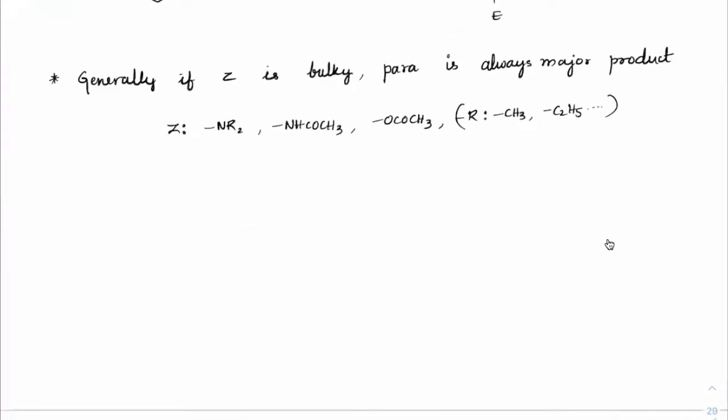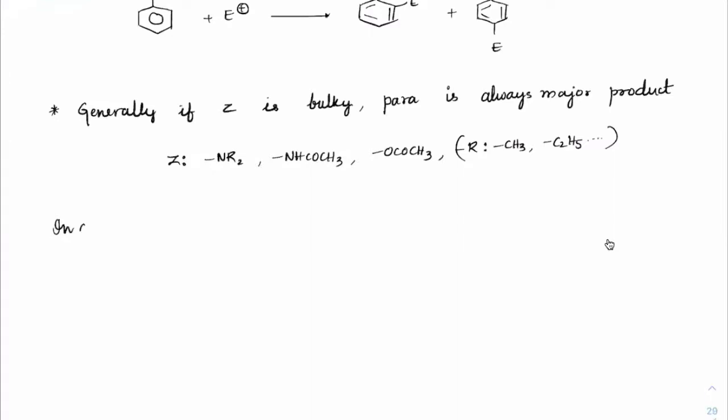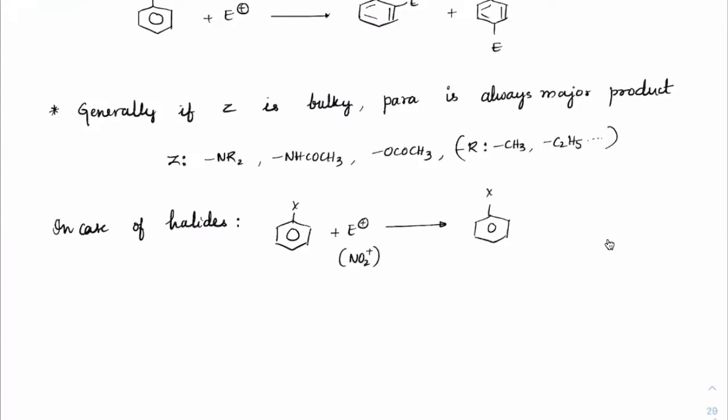But in case of halides, let me write down the same reaction: if you have any halobenzene treated with an electrophile, the typical electrophile taken is NO2 plus to understand the nature. So in case of NO2 plus, I would get two products here, X with NO2, ortho and para product.